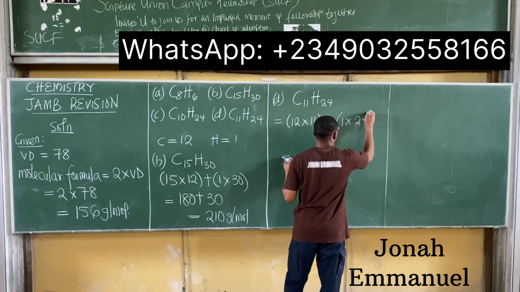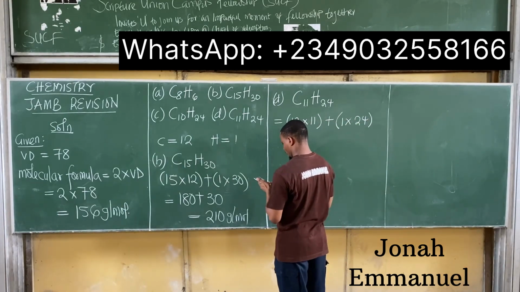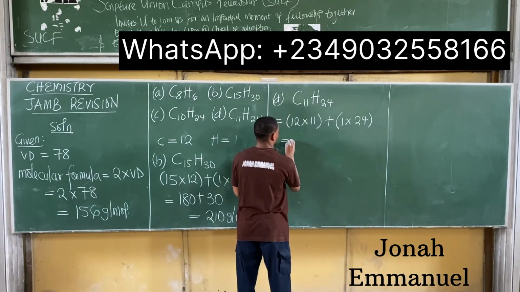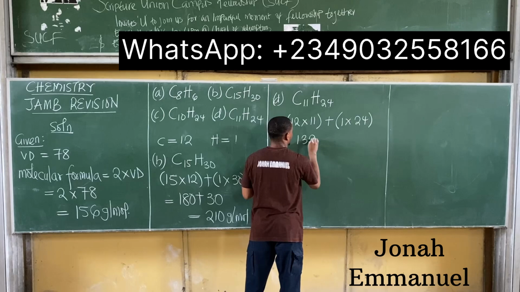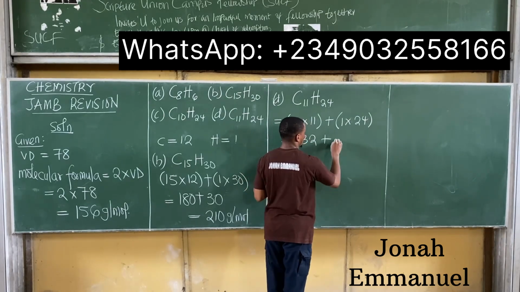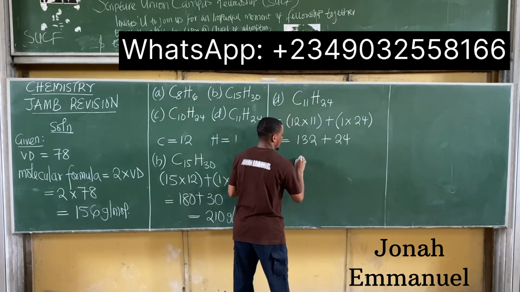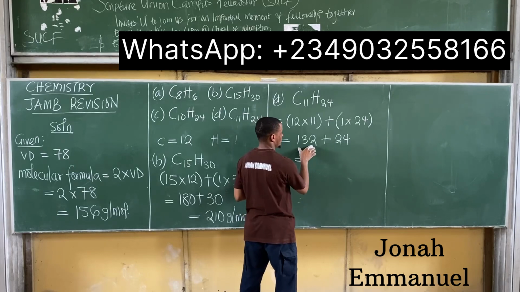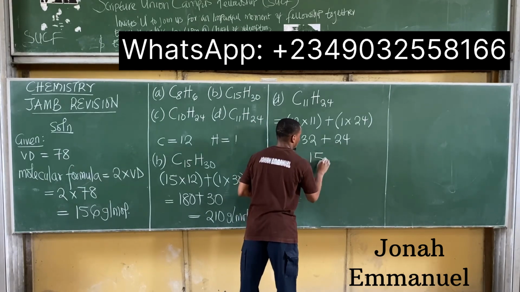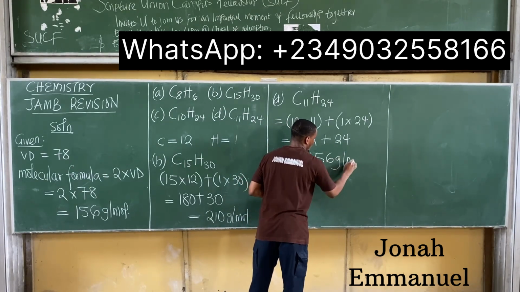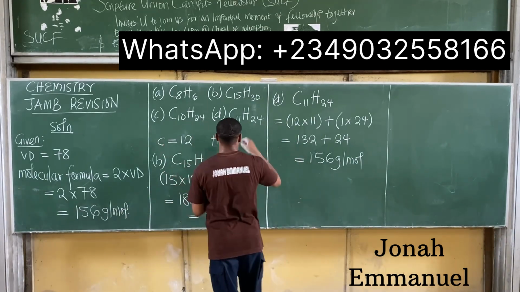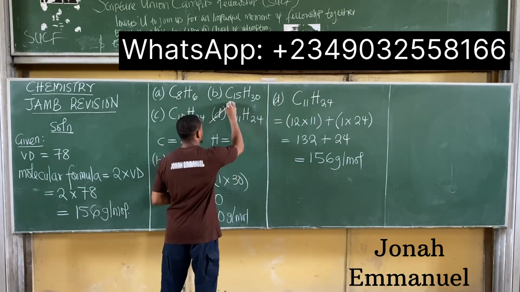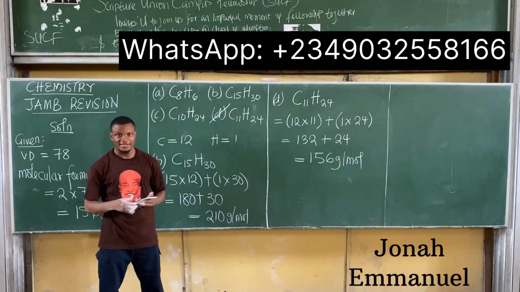So 12 times 11 I have 132, plus 1 times 24 I have 24. If I combine this, 132 plus 24, I have 156 gram per mole. So observe that the one that matches this value is option D. So in this case, option D is my correct answer.